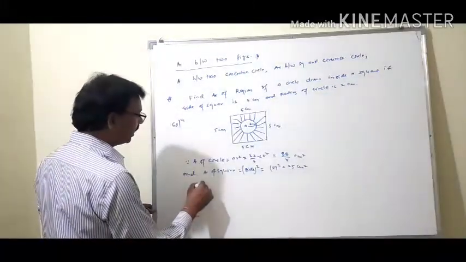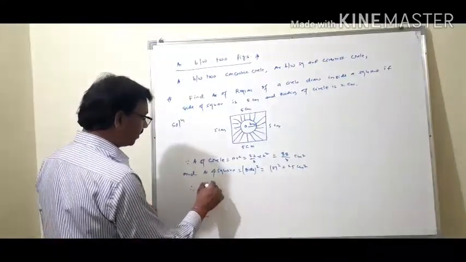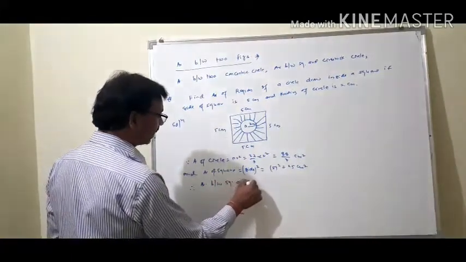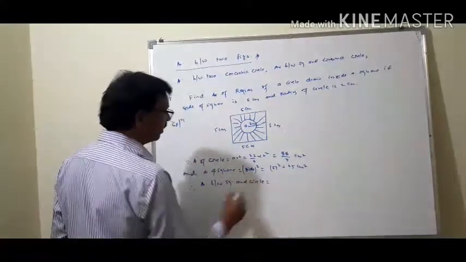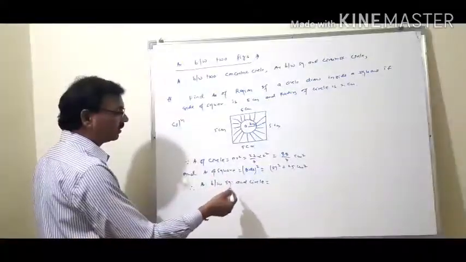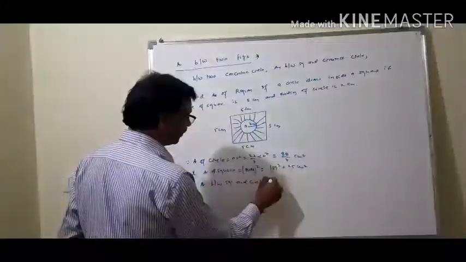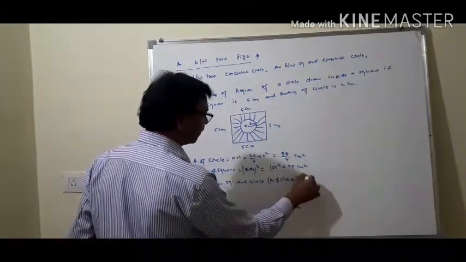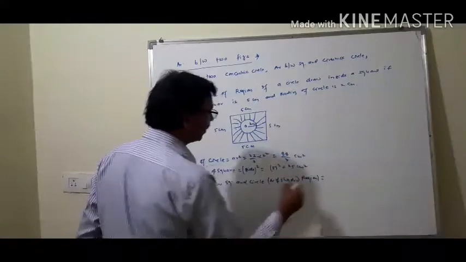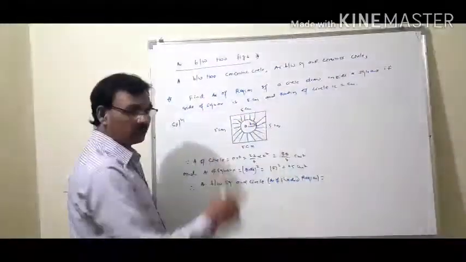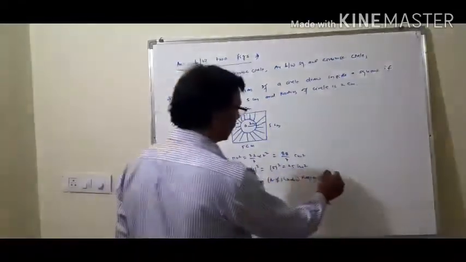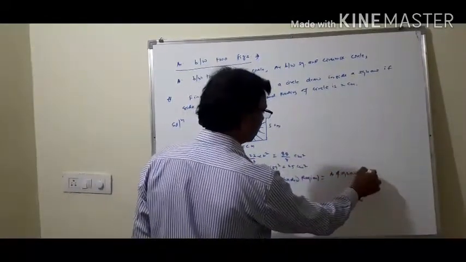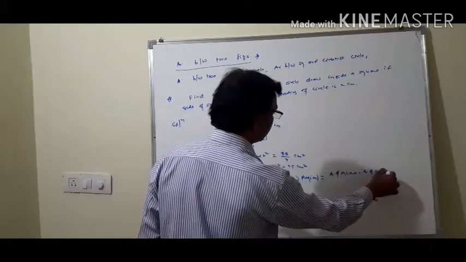Therefore, the bounded area or the area between the square and the circle, or you can say the area of the shaded region right here, is equal to the area of the square minus the area of the circle.